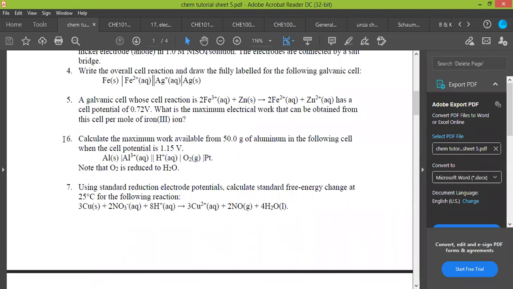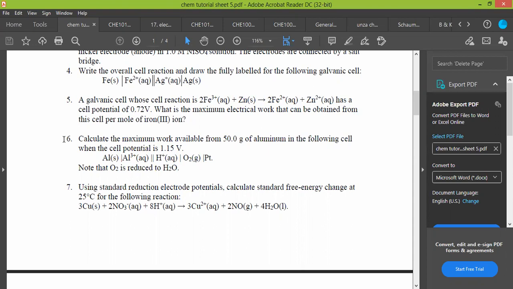So what we're going to do is let us find the number of moles of aluminium that are in 50 grams. So you're going to say number of moles N is equals to mass divided by molar mass or atomic mass, which is equals to 50 divided by the atomic mass of aluminium.